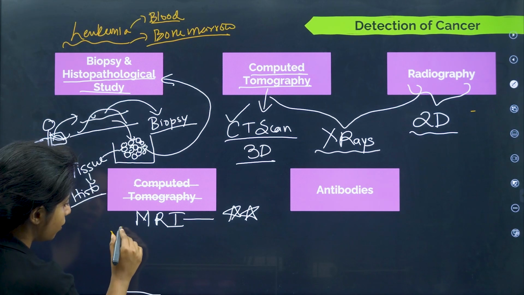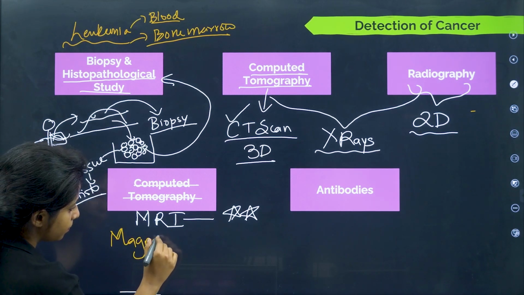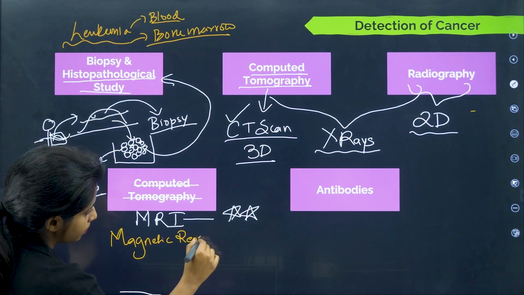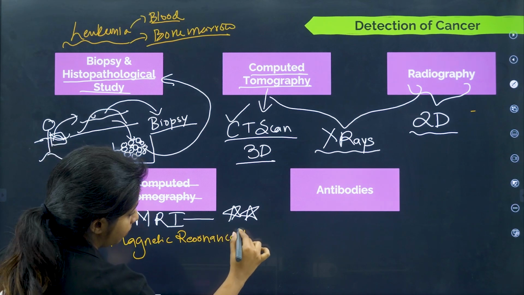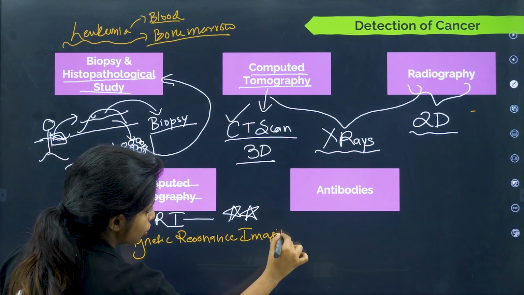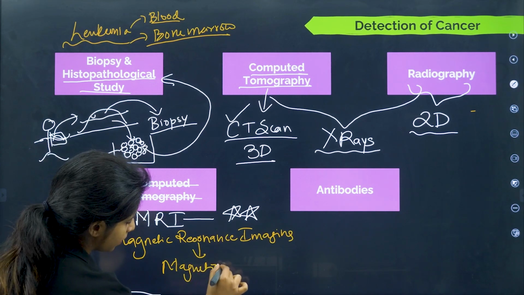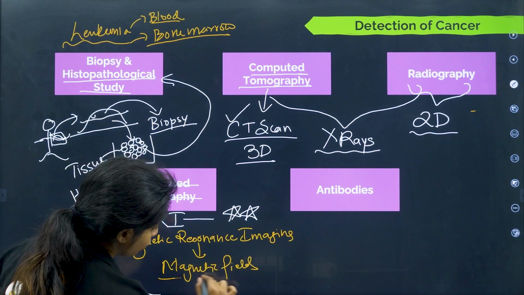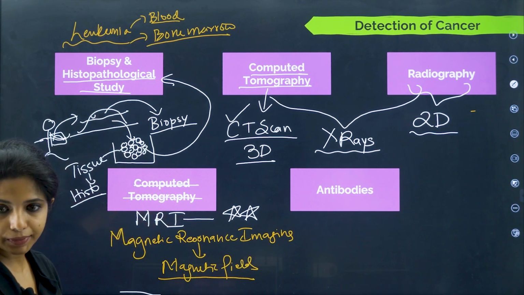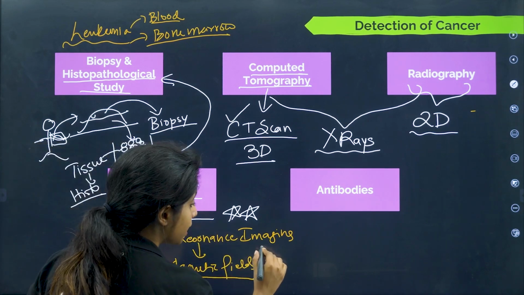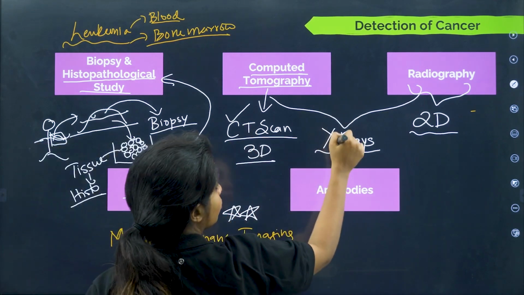What does MRI stand for? Magnetic resonance imaging. So over here, magnetic field is utilized to find any deformities.